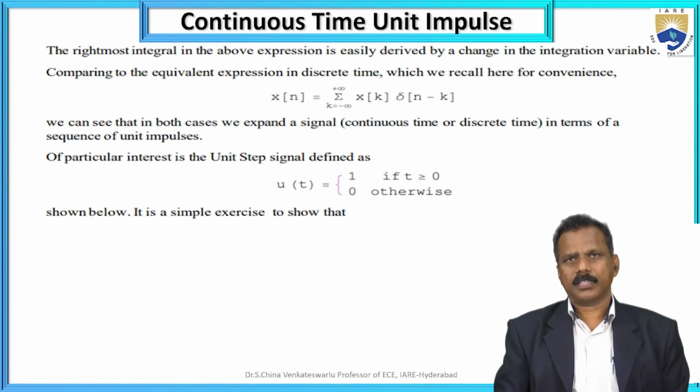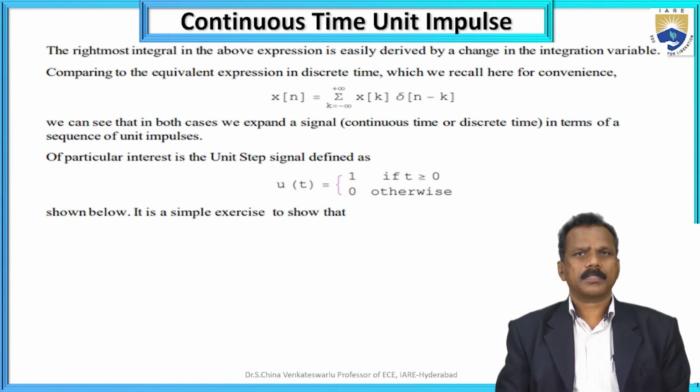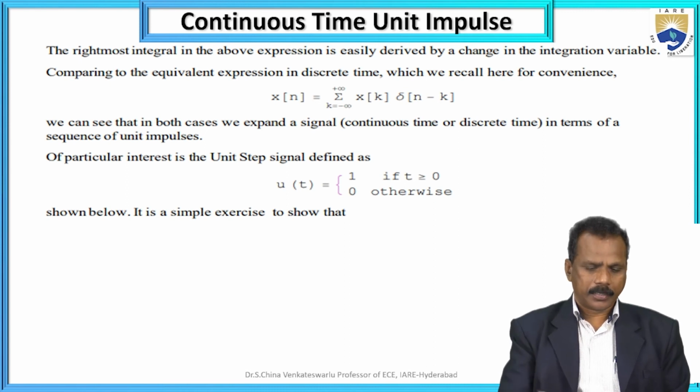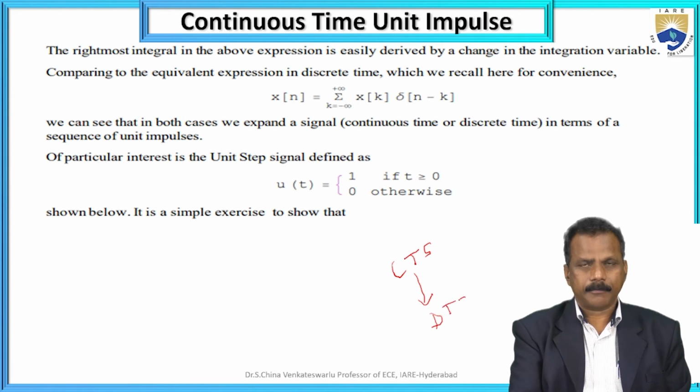The rightmost integral in the previous expression is easily derived by a change in the integration variable, compared to the equivalent expression in discrete time, where based on this continuous time signal we can decide the discrete time signal.